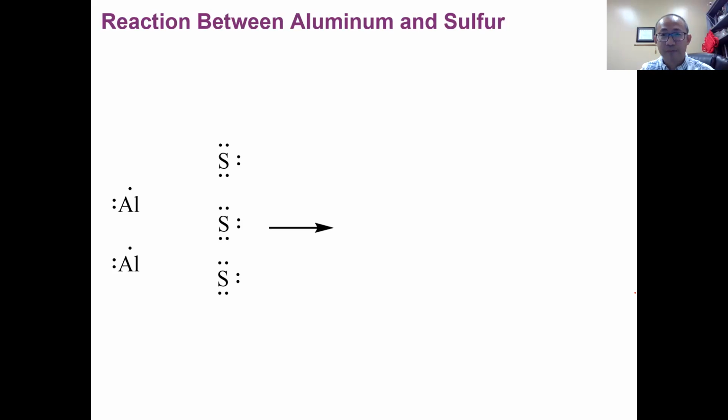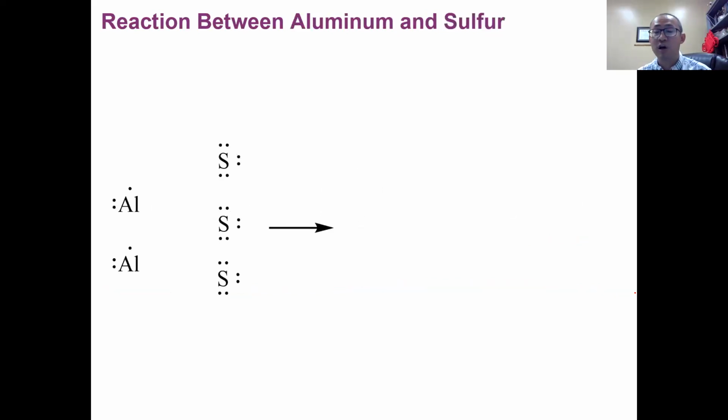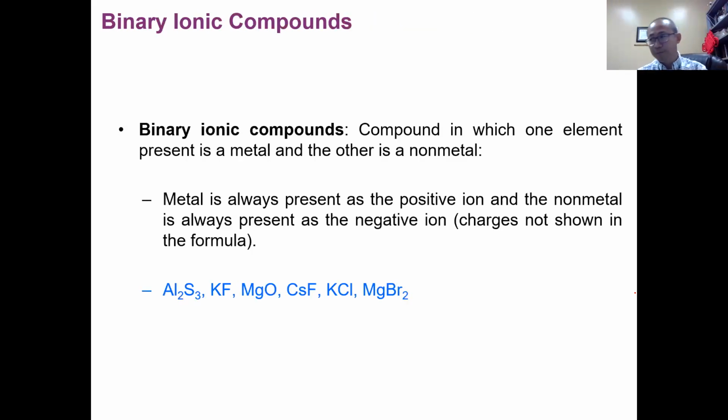Think about it. Use the same format I'm doing here: the atoms, transfer, ions, and then formula, and 2 arrows to show the formation of aluminum sulfide. Please practice after you watch the video, or you can pause the video and practice on your scratch paper.